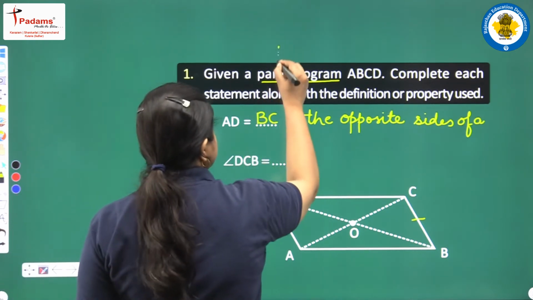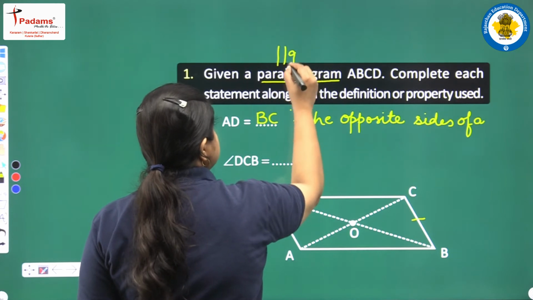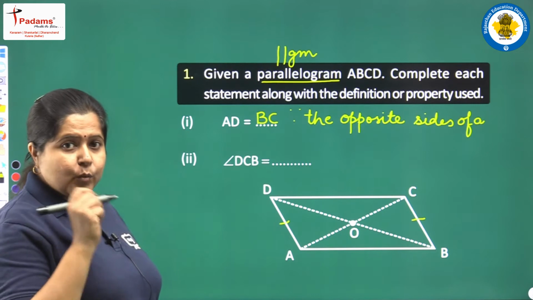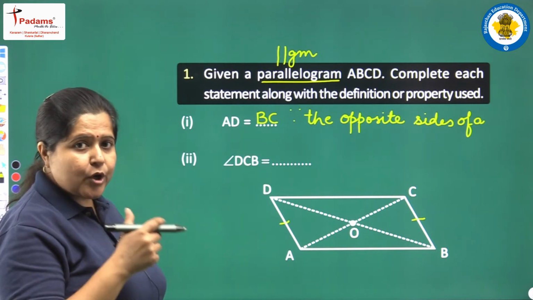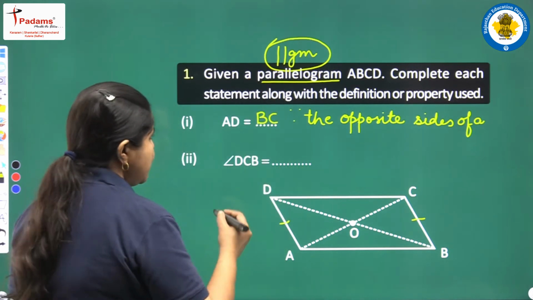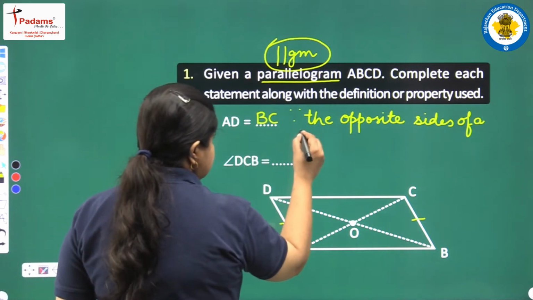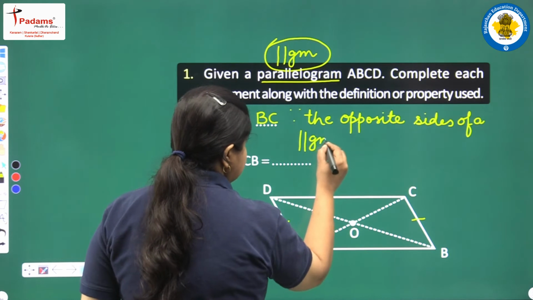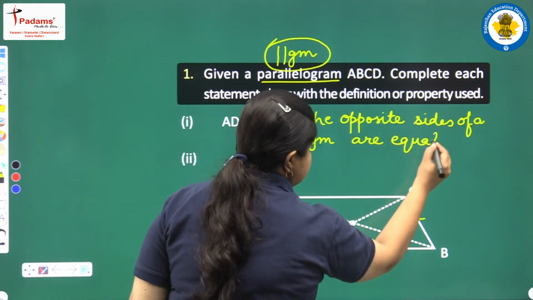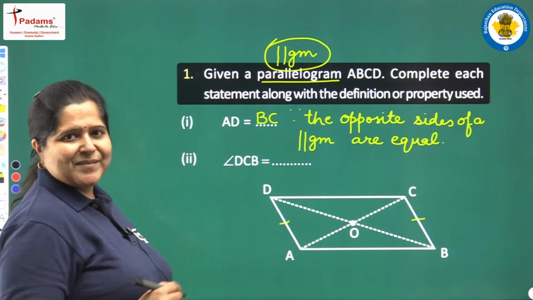We will write two parallel lines and then GM for gram. So we will be representing this word parallelogram by short notation in this way. Okay. So the opposite sides of a parallelogram are equal. This is the property that we are using in this part.